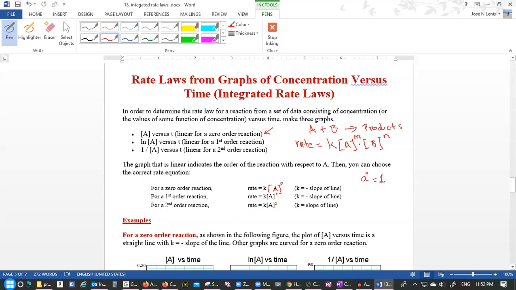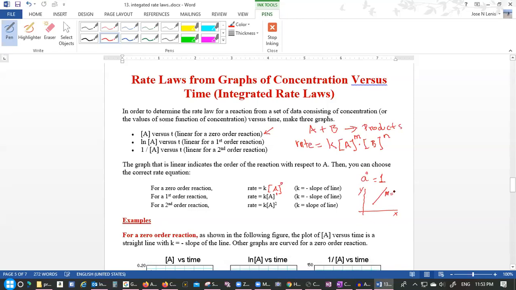And notice that for the first case, K has a negative slope. So negative slope, if you can remember, for a graph, y against x, if the line goes that way, we say this is the slope m.